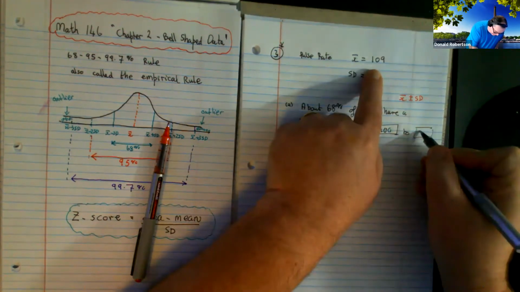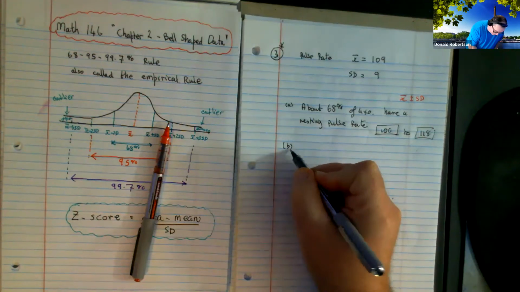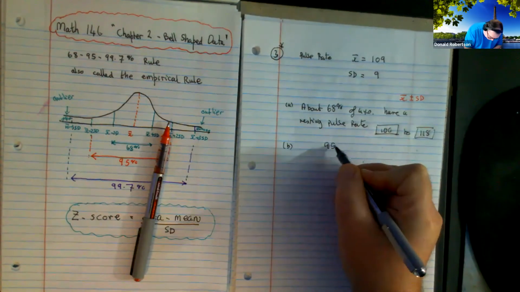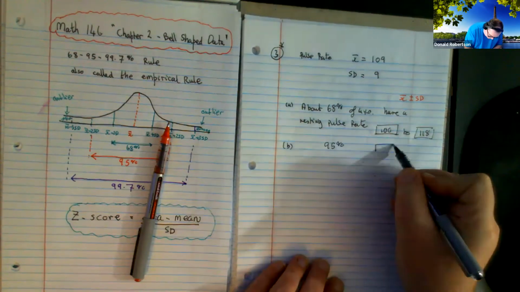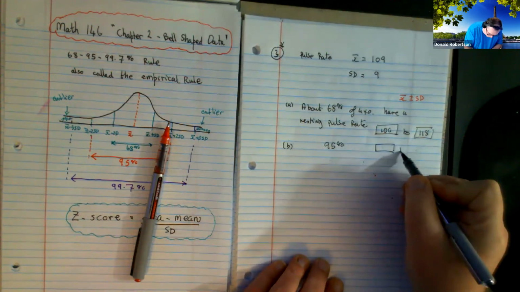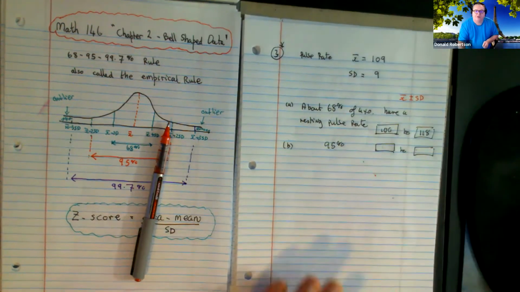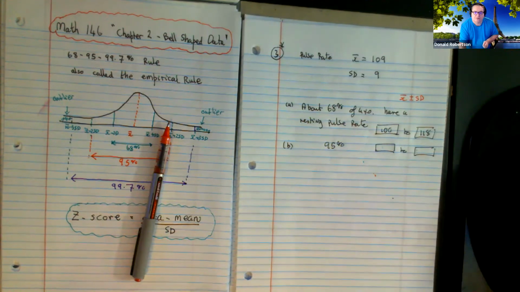And then question B, they just ask you the same question, but this time it's 95%. If you want to find out what range of pulse rates 95% of all 4-year-olds would have, it would be the mean plus or minus 2 standard deviations.